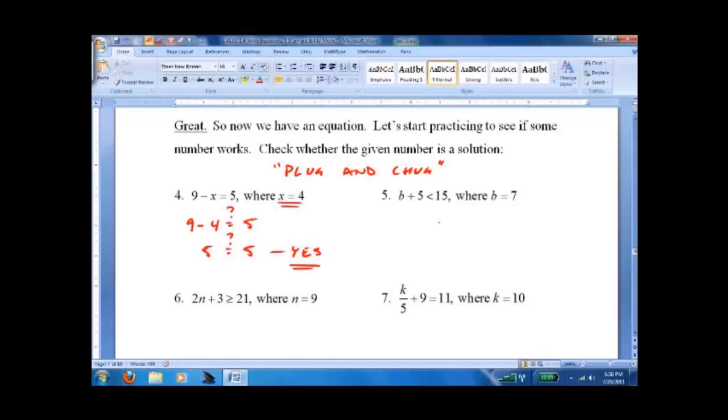B plus 5 is less than 15, where B equals 7. 7 plus 5, is it less than 15? 7 plus 5 is 12. Is 12 less than 15? Yes.